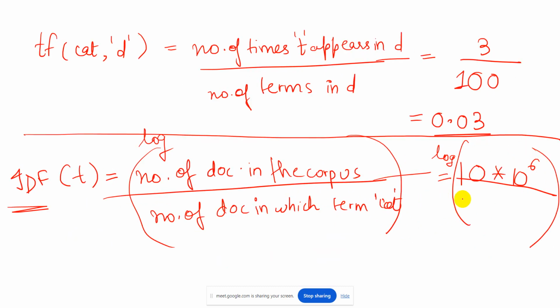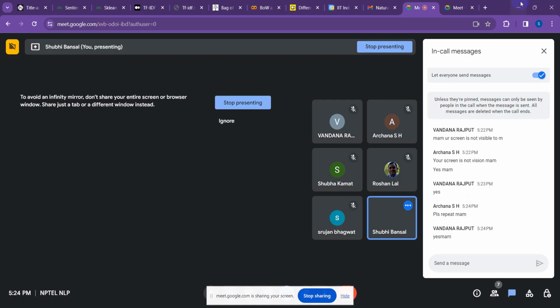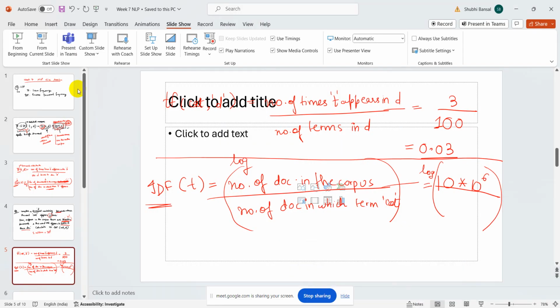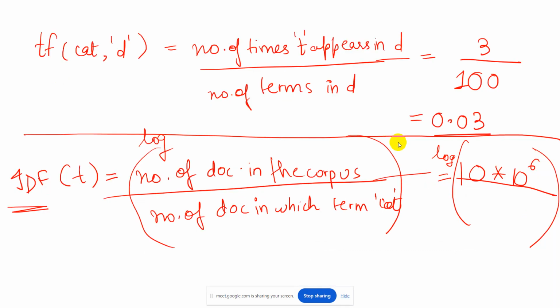So in the denominator, what should I write? 1000, because the cat term appears in 1000 of these documents.